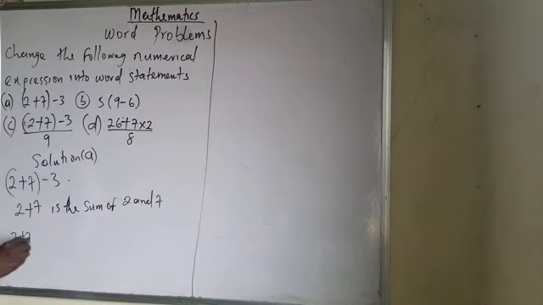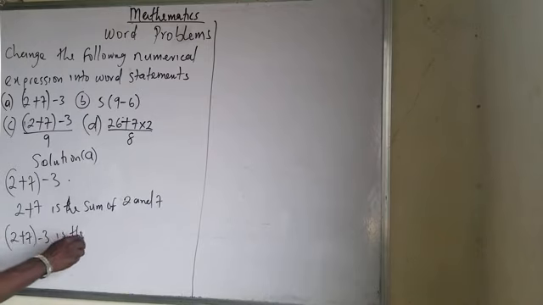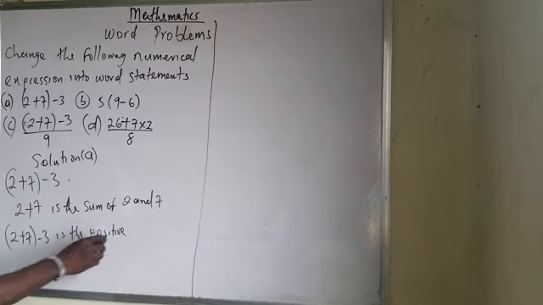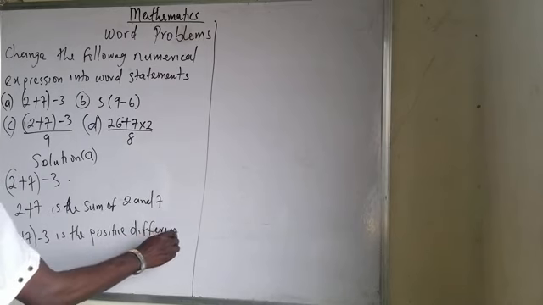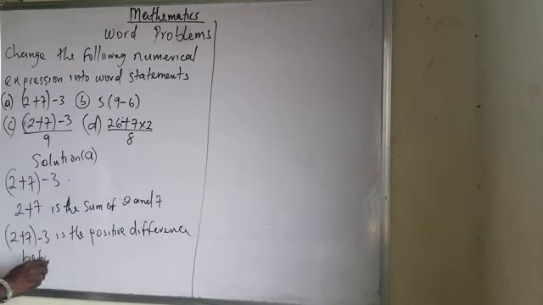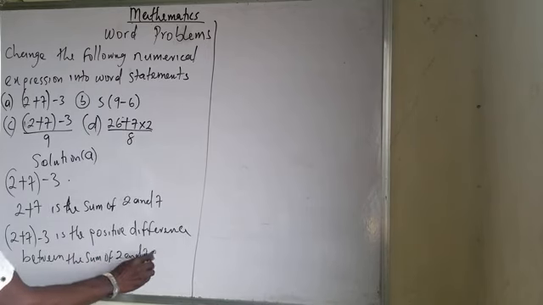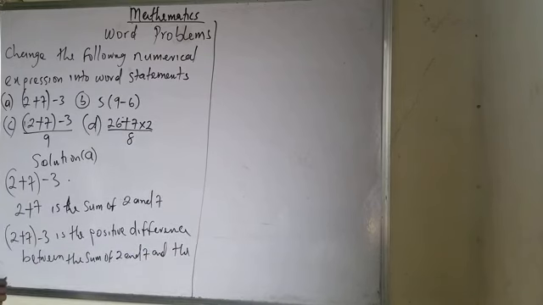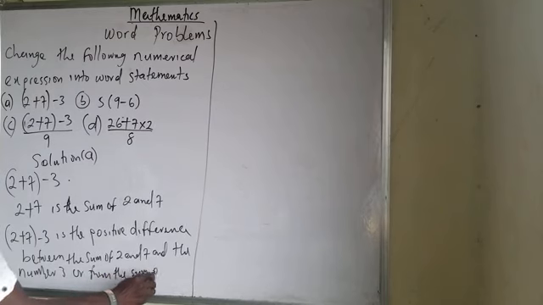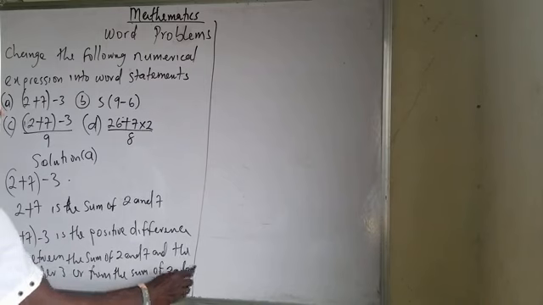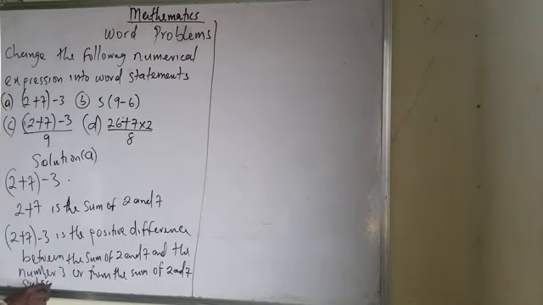Now, if I have 2 plus 7 bracket of minus 3, it is the positive difference between the sum of 2 and 7 and the number 3, or a direct statement is: from the sum of 2 and 7 subtract 3.